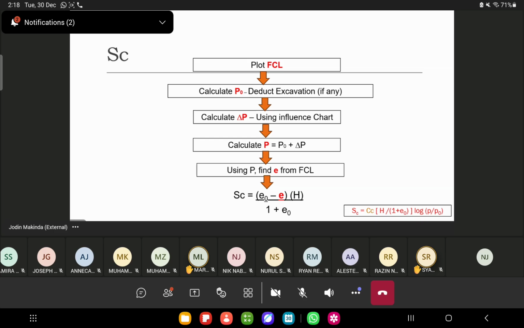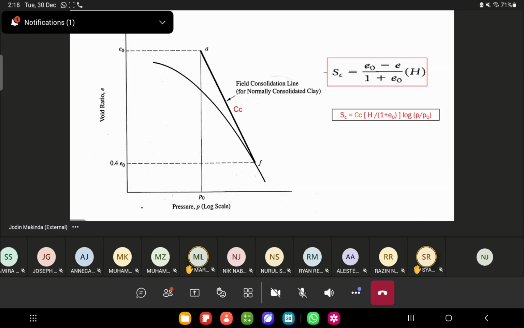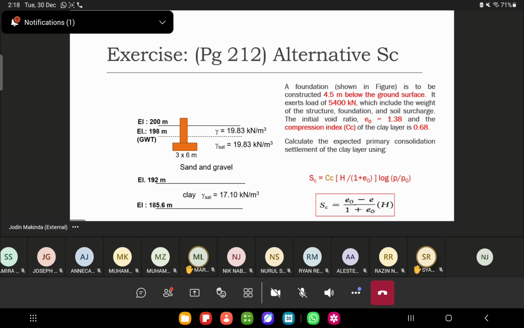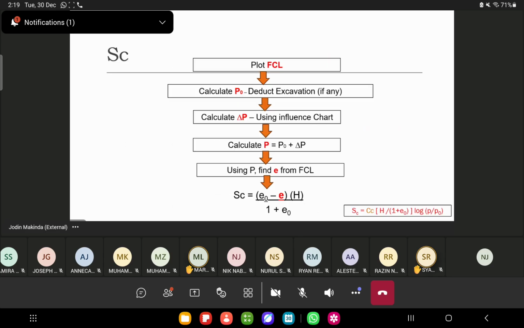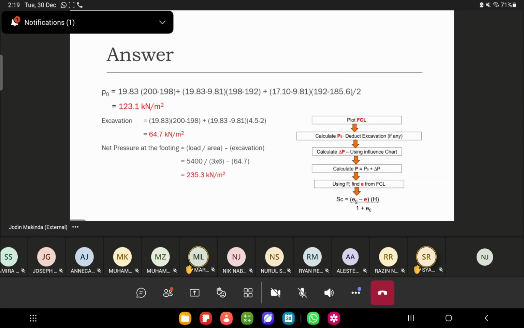But in this case, the void ratio is given. The initial void ratio is 1.38 and the compression index is 0.68. So what you need to do is follow the step-by-step guideline.